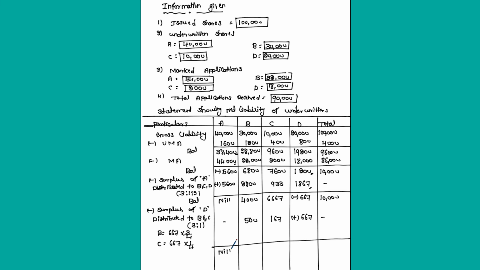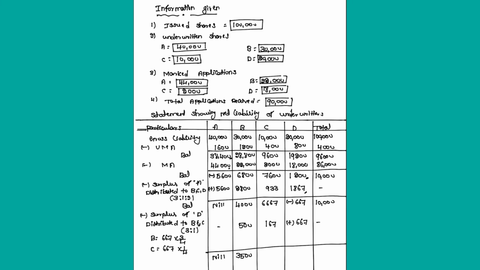A column nil. Here 3,500. Underwriter C will get 6,500. Underwriter D nil. 10,000.